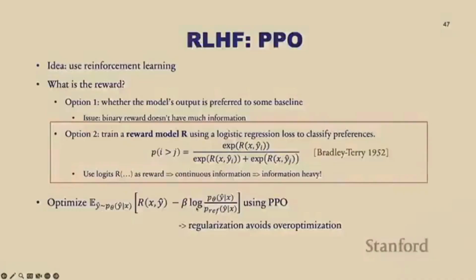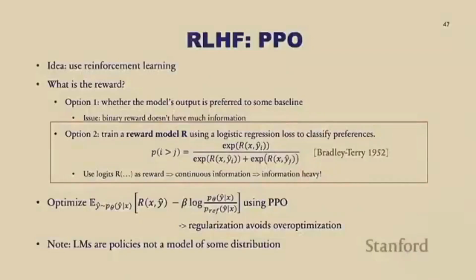And then you just use some regularization terms. The reason we use this regularization term is to avoid what we call over-optimization. This reward model might not perfectly model human preferences, so you don't want to maximize this thing to essentially infinity. And you do it using PPO, which is a common reinforcement learning algorithm.